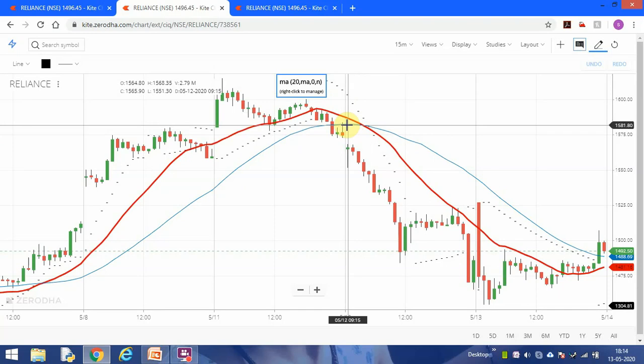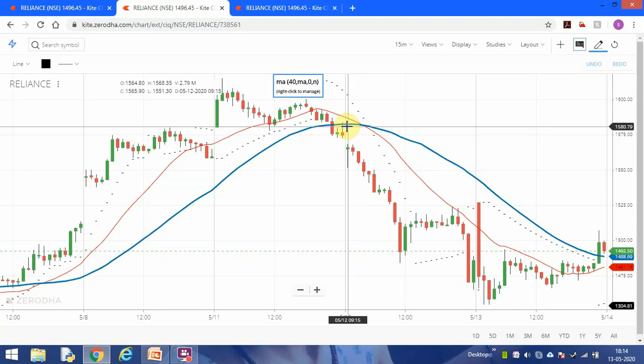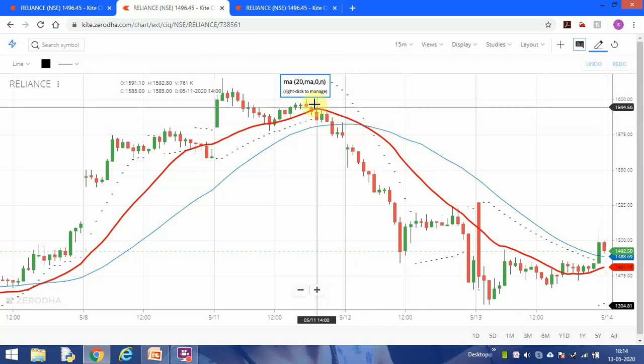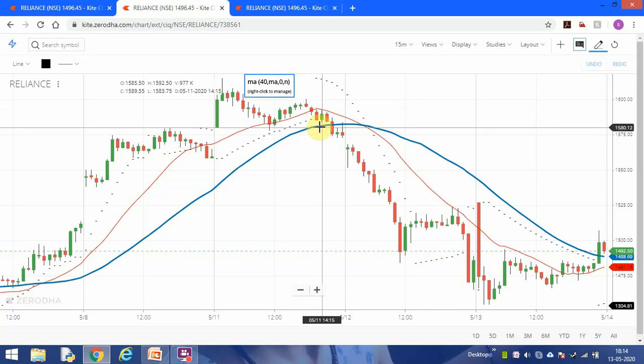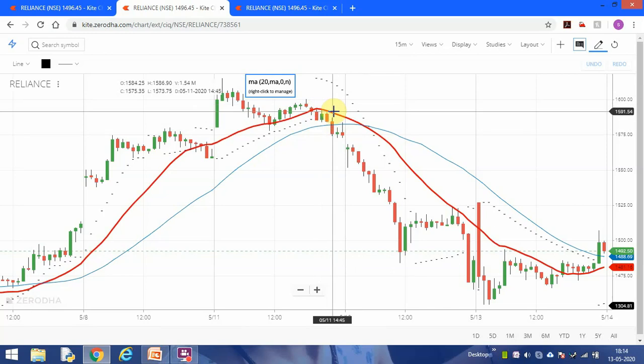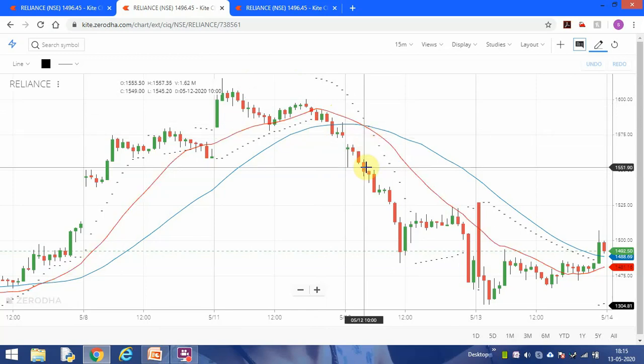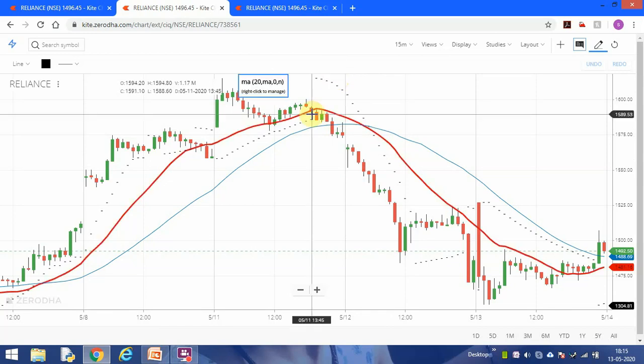Market has opened 9:15 and you see there is a moving average crossover. This is 20 and 40. 20 has crossed from up to down, then the stock is going to fall, and parabolic SAR has also changed trend.